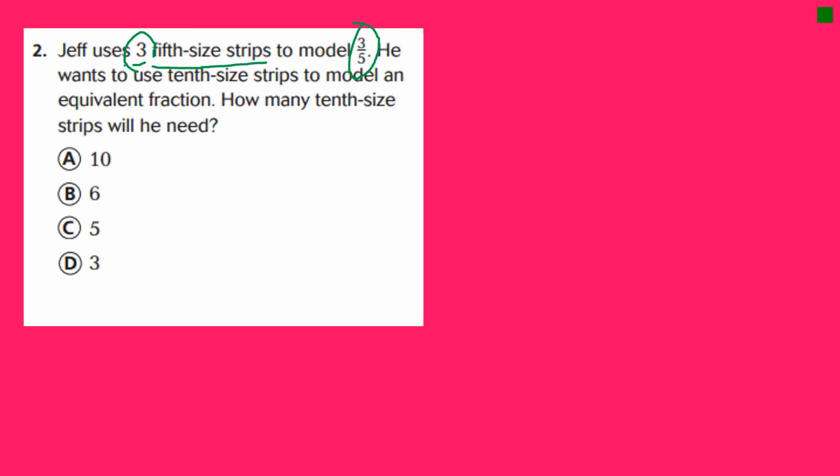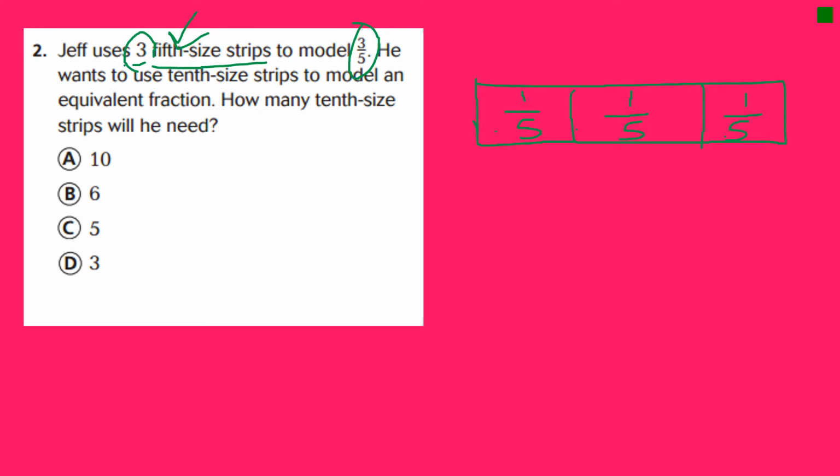You know what this reminds me of? Our fraction bars, right? So he has 3 pieces that are each worth 1/5. Doesn't that remind you of fraction bars? 3/5 size strips, and he is modeling 3/5. 1, 2, 3/5.